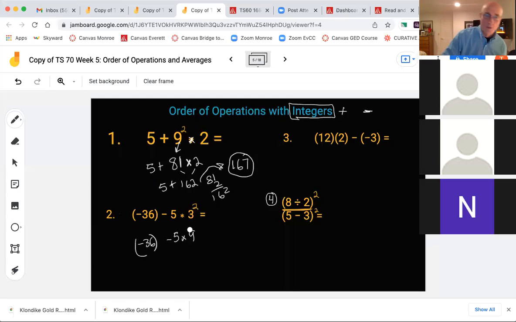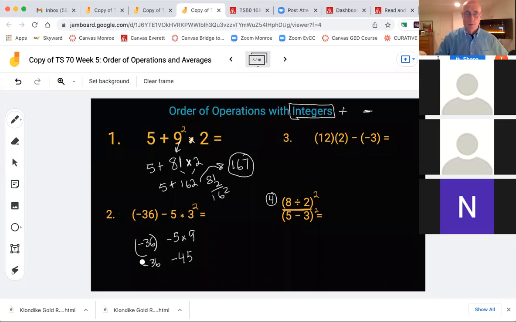Then I'm going to do my multiplication next, which in this case, -5 times 9 is going to be -45, okay? Now, if you thought to yourself, what if I just ignored that minus and just did 5 times 9? I get 45, right? But it's -45. It'd still be -45, okay?